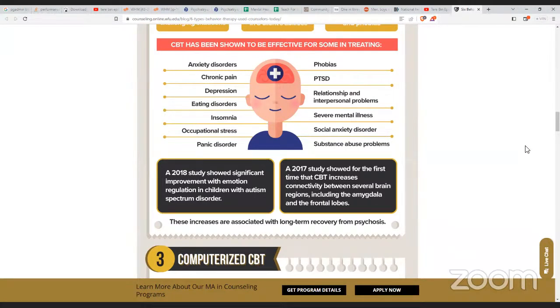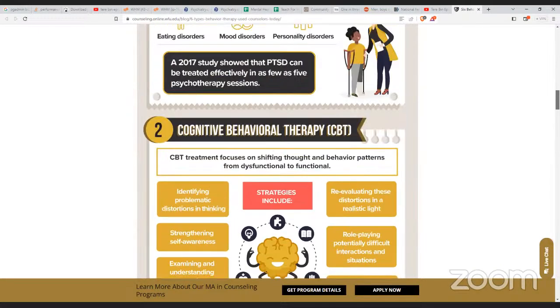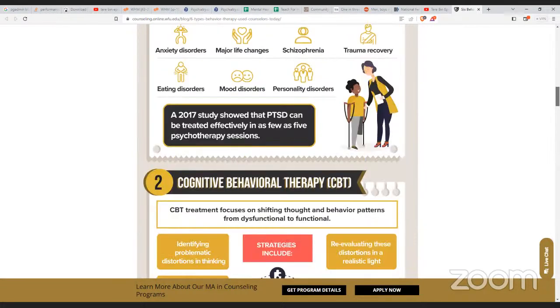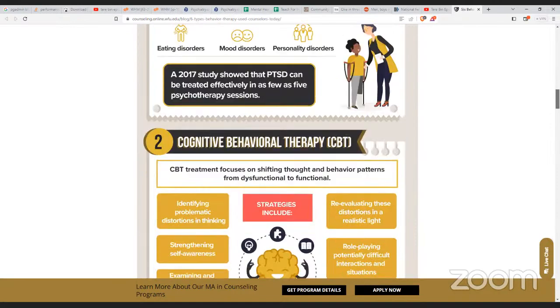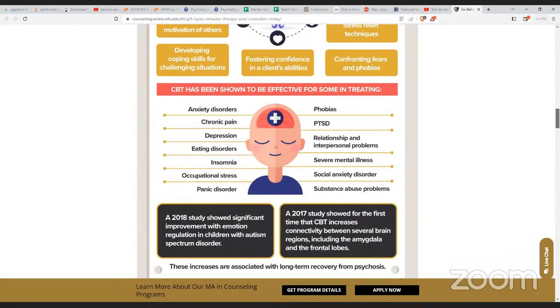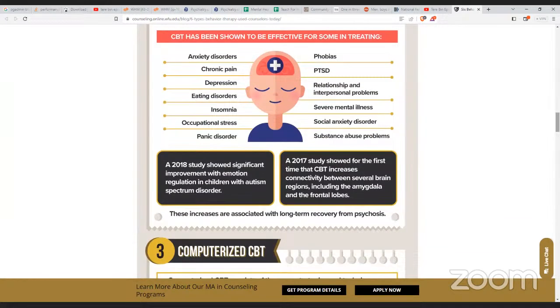Do you agree with this? Because you are also a professional. Like in PTSD, psychotherapy is effective, and in treating autism, CBT is effective. Do you agree with this data?